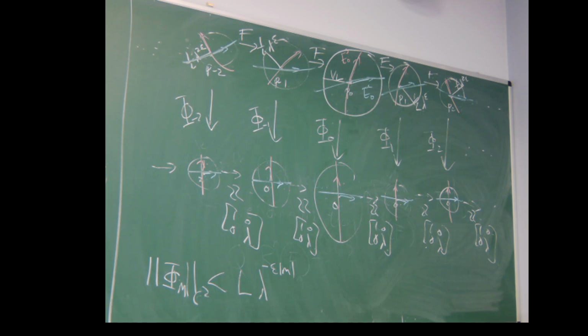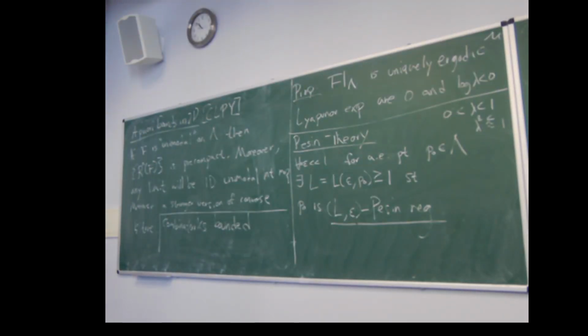Basically, if you try to shrink it by some factor other than lambda to the epsilon, then you will have to make the corresponding change to L. Like the way L depends on epsilon will change if you try to do that. I see. So this is just because of the original definition. That's right.